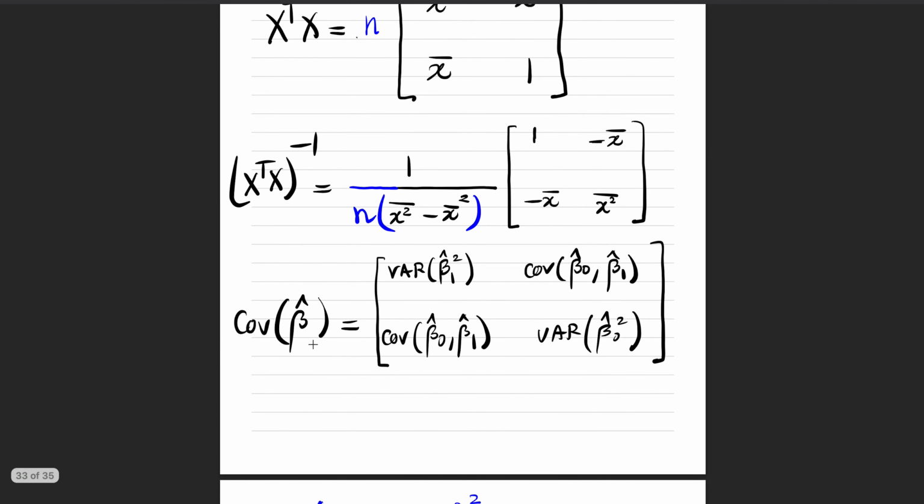In this case, in the covariance of beta hat, this term will be the variance of beta 1 hat. The off-diagonal terms will be the covariance between the intercept and the slope. And this diagonal term will be the variance of the intercept. Variance of the slope, variance of the intercept, covariance of intercept and slope.